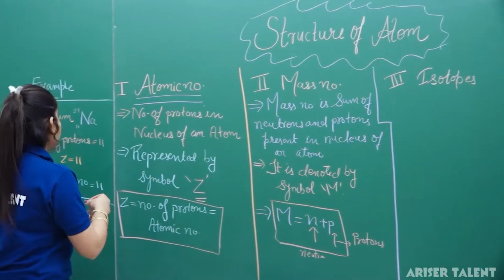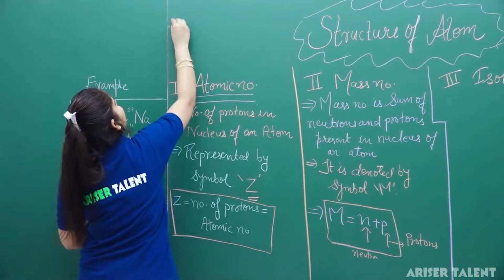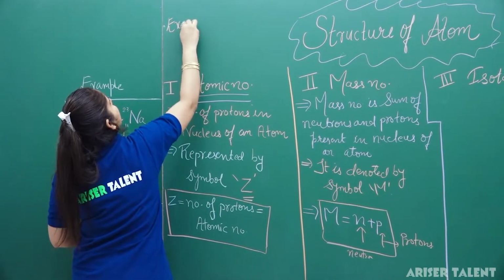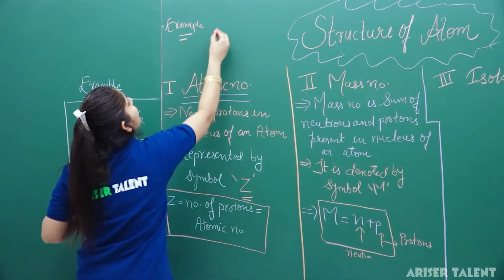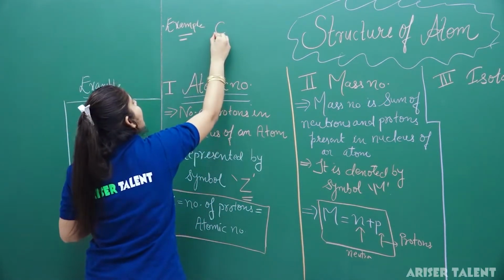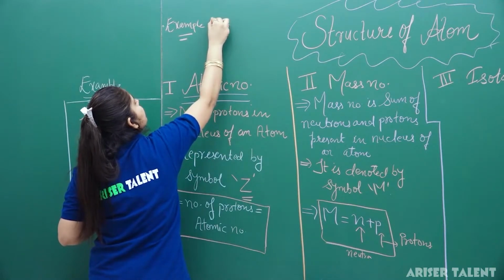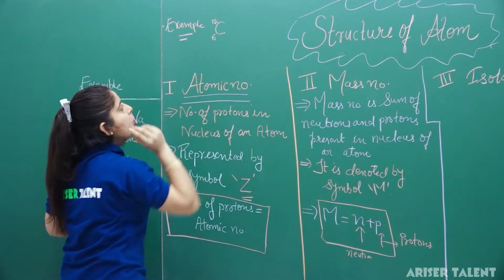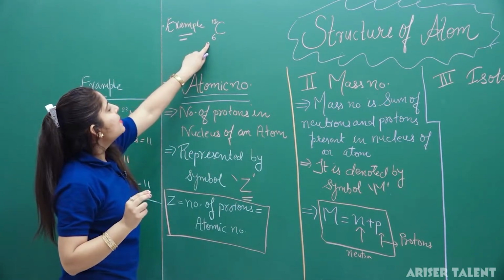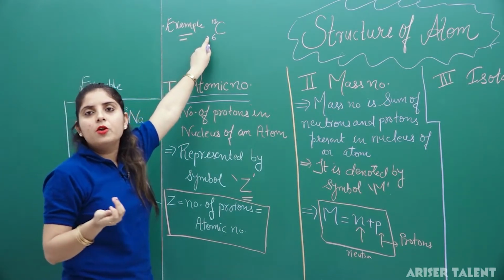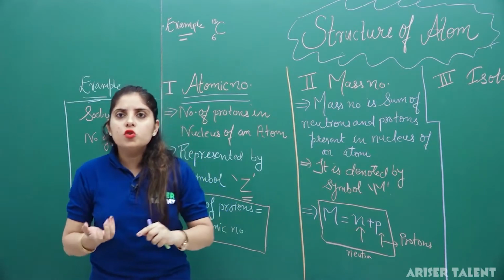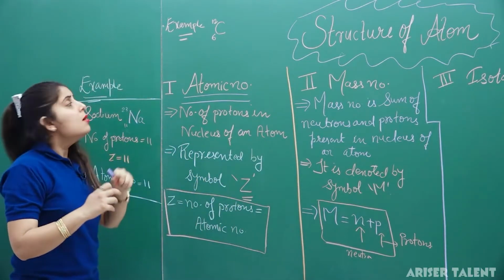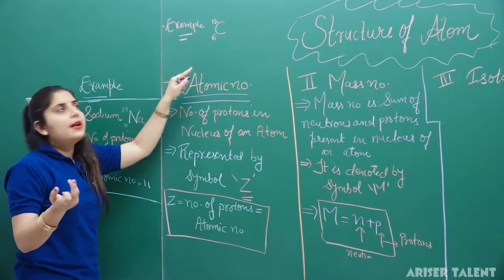Now we will consider an example for calculating the mass number of an element. Suppose we have carbon, having atomic number 6 and mass number 12. Here the mass number is double the atomic number. In some cases the mass will be different, but in most cases the atomic number is doubled to get the mass number.